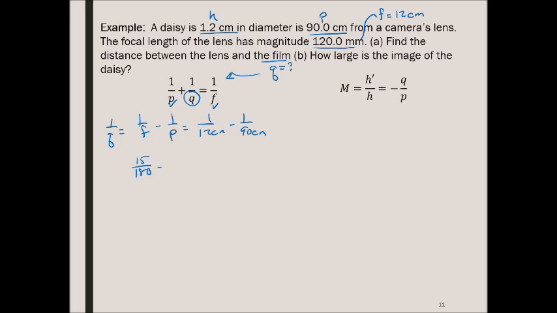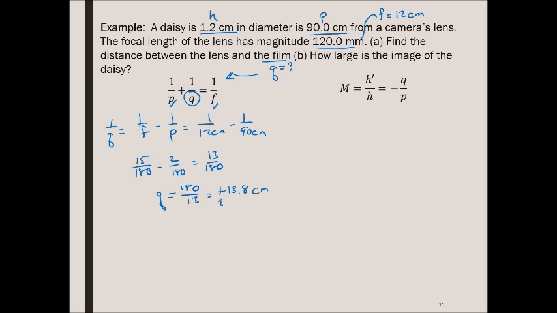Now you could just put those numbers in a calculator and do this in decimal form, but it's more fun with fractions, right? So don't forget to flip it over at the end. Q is equal to 180 over 13, or that gives me plus 13.8 centimeters.